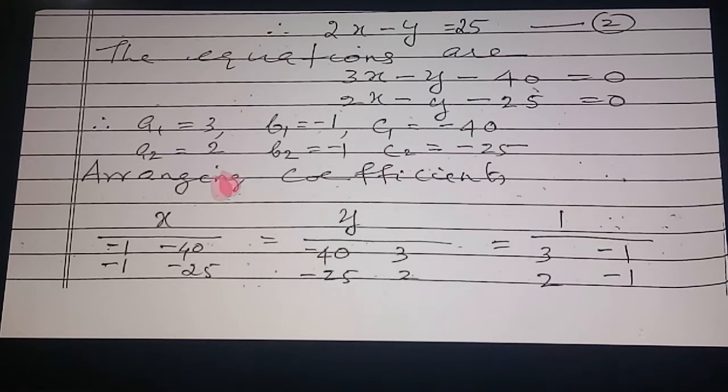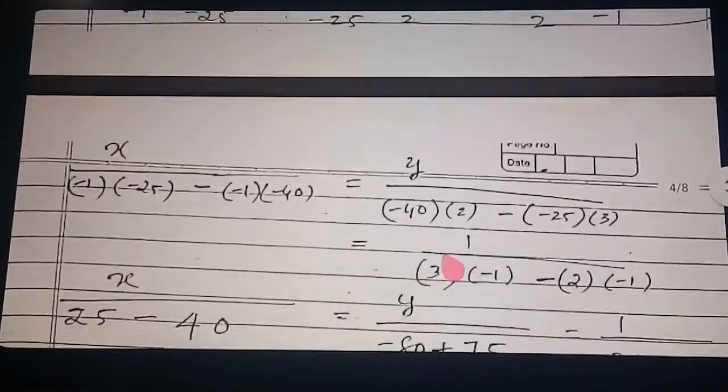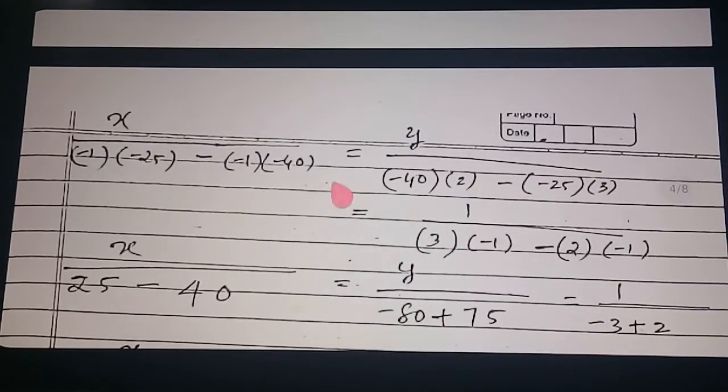Now arrange the coefficients: x and y coefficients, then constant, y and constant, and then x and y. X and y coefficients writing, that is what I am saying. Okay, now multiply. Multiplication no need to explain now.